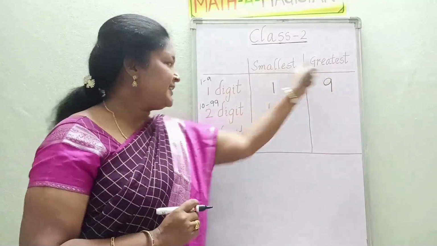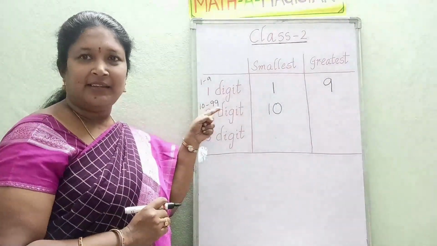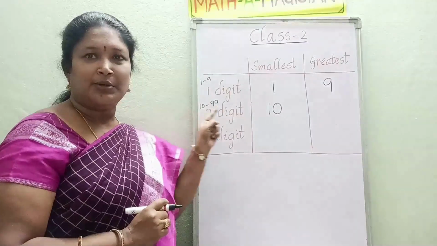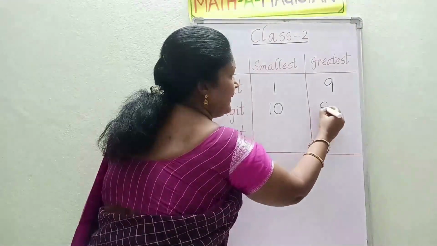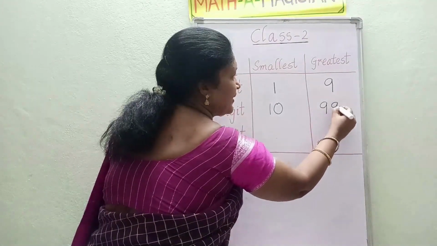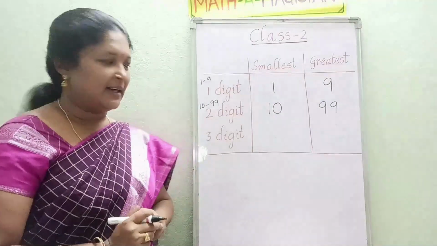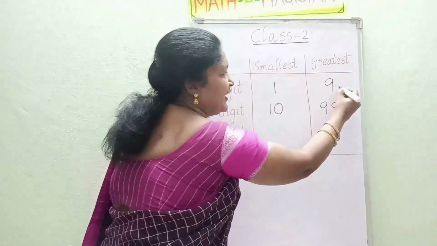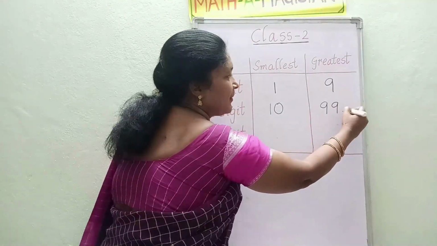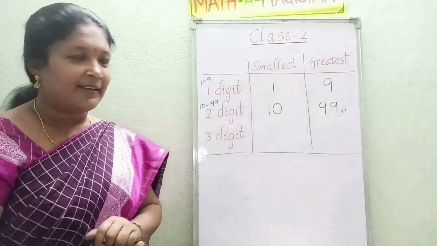And what is the greatest 2 digit number? See here, 10 to 99 all those are 2 digit numbers. So 99 is the greatest 2 digit number. And 3 digit numbers. Just now I told, 99 plus 1, what will we get? 100.